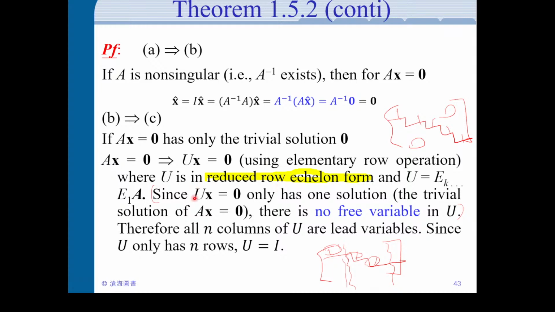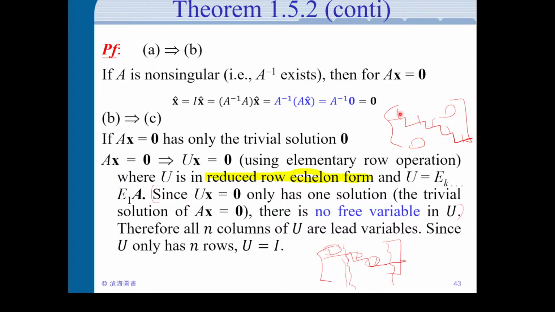Then we know U is a square matrix, and you just try to place together a reduced row echelon form for a square matrix. Then we see that if there is no free variable, the only matrix U can be is the diagonal of all ones.